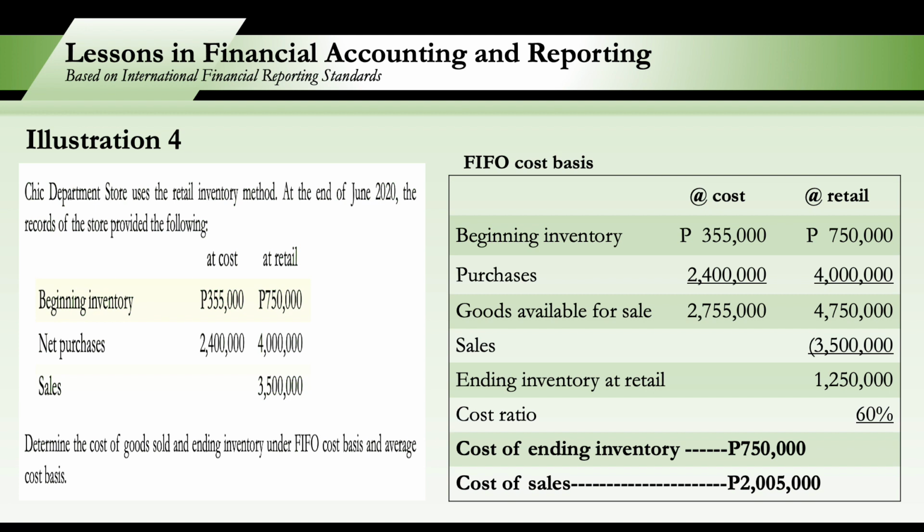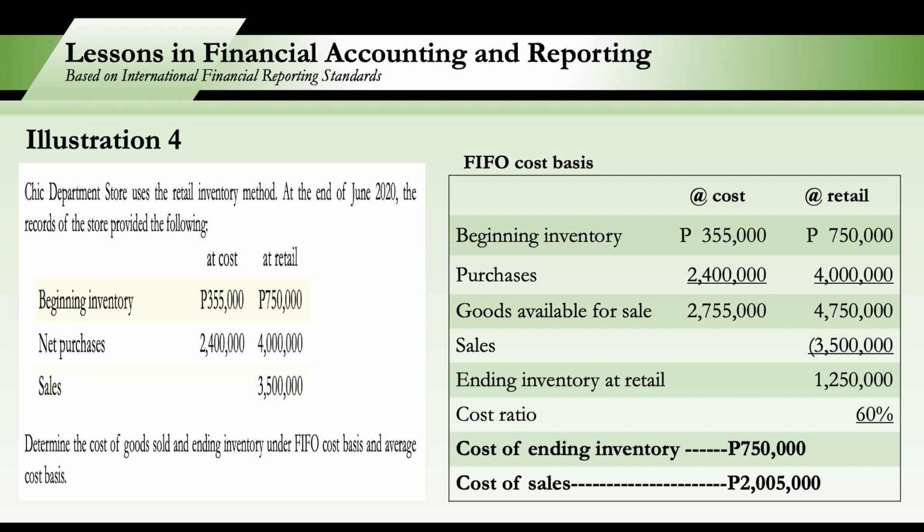So our goods available for sale at cost is 2,755,000, whereas our goods available for sale at retail is 4,750,000. And then we deduct our sales for the period, which is 3,500,000, for us to get our ending inventory at retail, which is 1,250,000.